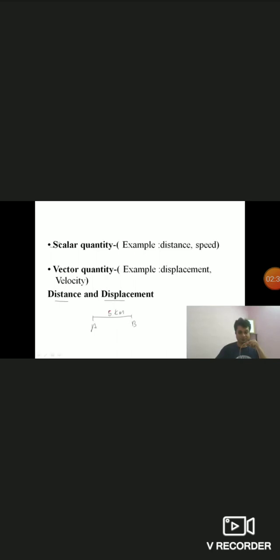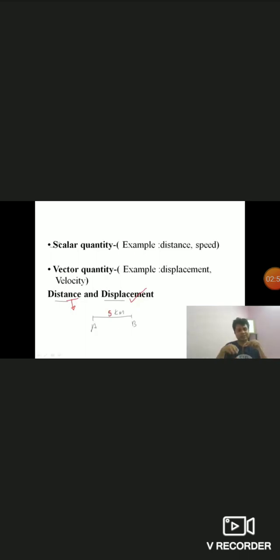Distance is a scalar quantity, so it can be expressed in terms of magnitude. For example, Ram travels 65 kilometers. There is no need for any direction; in which direction he is traveling does not matter. This is called distance.